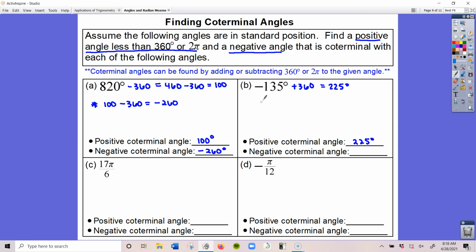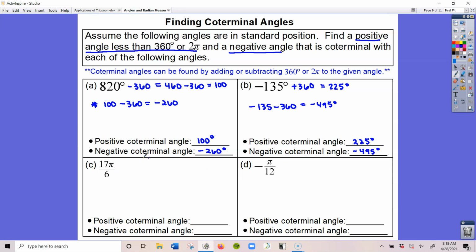To get another negative coterminal, since this is already a negative angle, I would have to continue to subtract 360. Negative 135 minus 360 is negative 495. So that would be the negative coterminal angle.